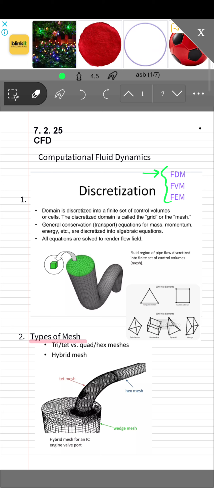It takes the difference between them, and that is used in approximating a derivative. FEM, on the other hand, is based upon different types of polynomials, piecewise polynomials. Whereas the FVM, the finite volume method, is based upon conservation of flux, and this is what we shall be discussing in this lecture.